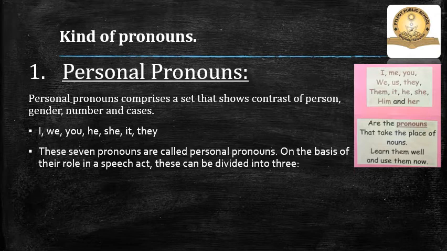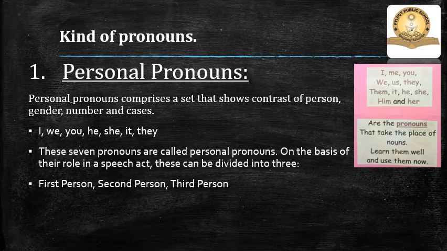And on the basis of their role in speech, they can be divided into 3 categories, which are first person, second person, and third person. I hope you all are very much aware of these categories. Further, in other topics, you're also going to study deeply about these 3 categories. Okay. Now, which is your next form?